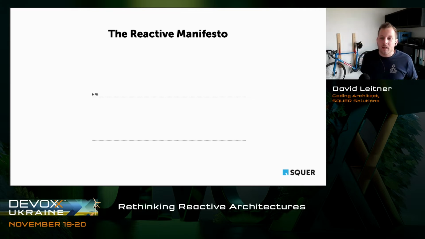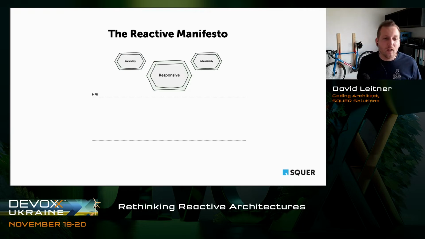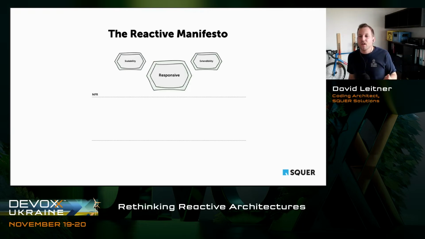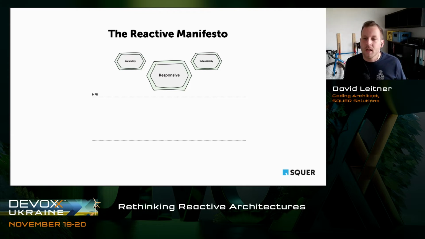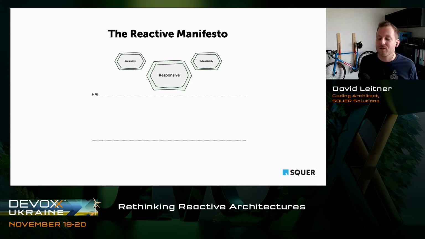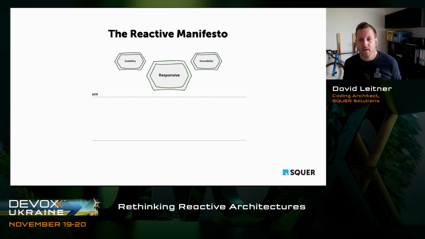And when it comes to the Reactive Manifesto, we mainly work on the non-functional requirement of responsiveness. So if we want to build a system that's maximally responsive in terms of resilience, in terms of giving a user fast feedback and being available for the user, then the reactive architecture is mainly a good fit in terms of architecture, right?